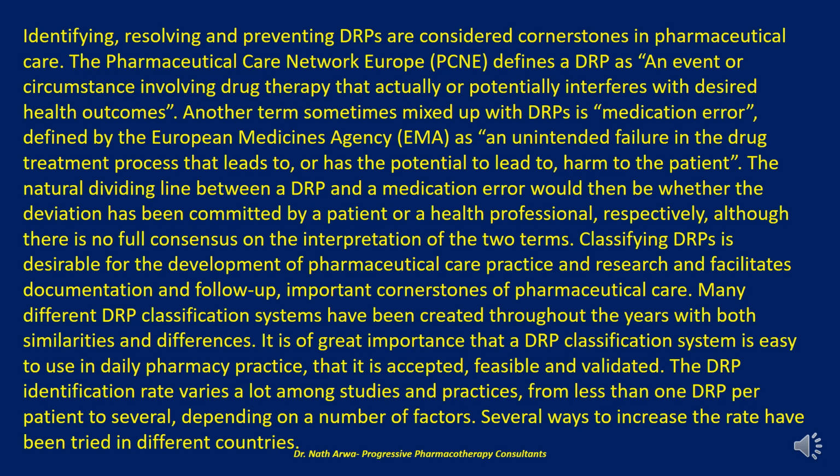It is of great importance that a classification system is easy to use in daily pharmacy practice, that it is accepted, feasible and validated. The drug-related problem identification rate varies a lot among studies and practices, from less than one drug-related problem per patient to several, depending on a number of factors. Several ways to increase the rate have been tried in different countries.